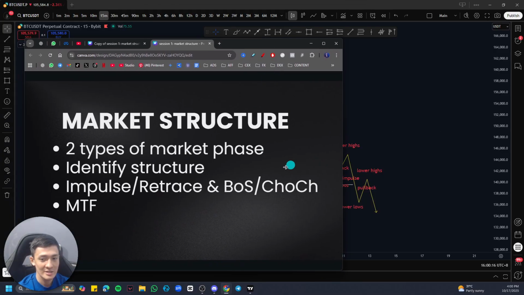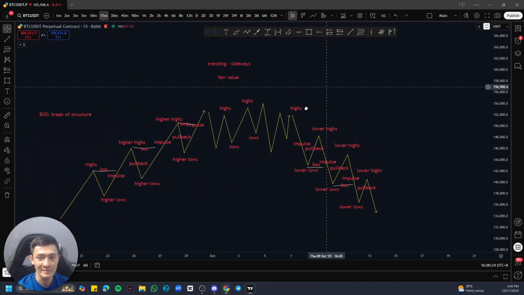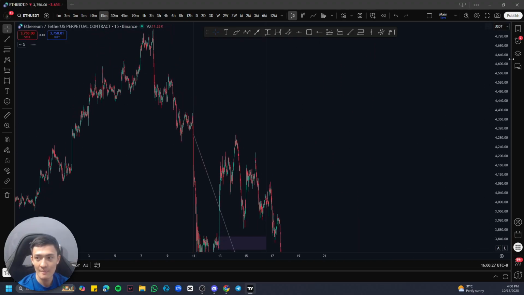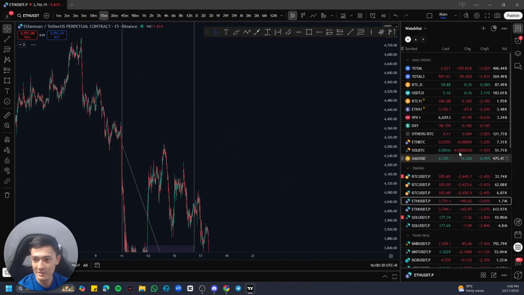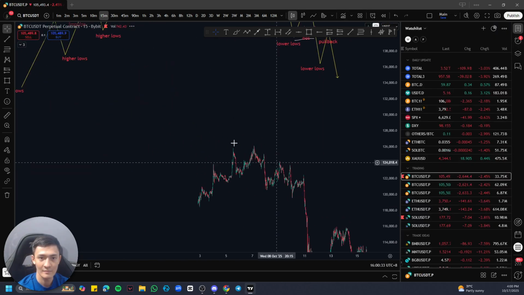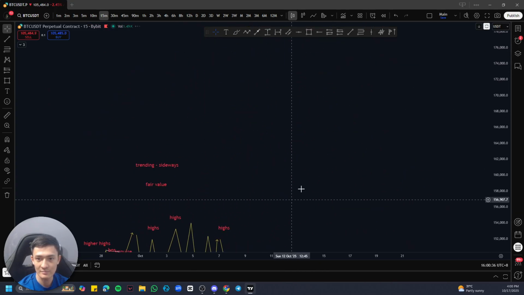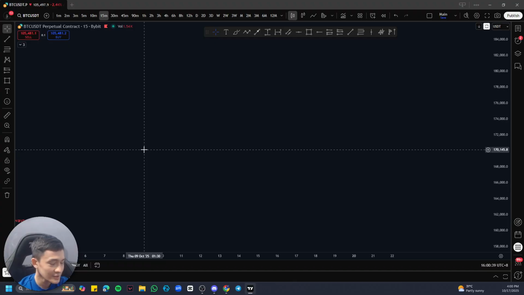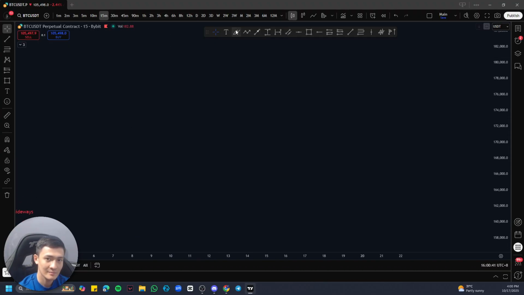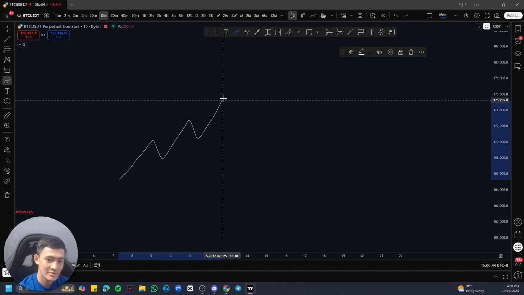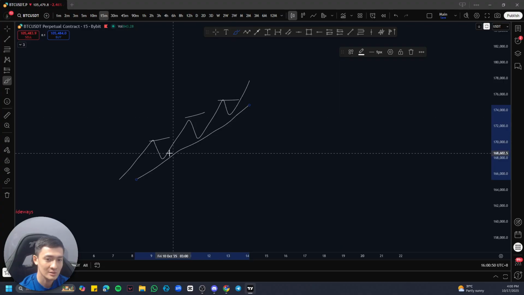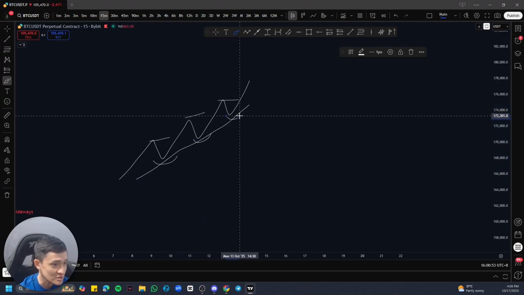Now, finally, let's talk about change of character. Before we get into multiple time frame alignment, let's talk about change of character. Remember I said that in an uptrend, we want the highs to break and we want the lows to hold, because in an uptrend, we need the floor to hold us up and keep us going higher.